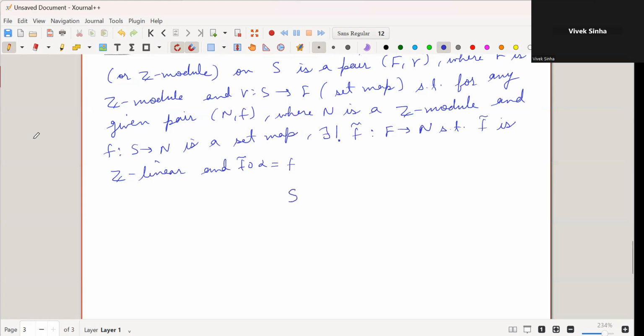So you have S, any set, from S to F you have a map gamma such that for any given pair N and the set theoretic map from S to N, that is f, there exists a unique induced map f delta such that the diagram commutes, that means f delta composed with gamma is f. Okay, that is a free module.